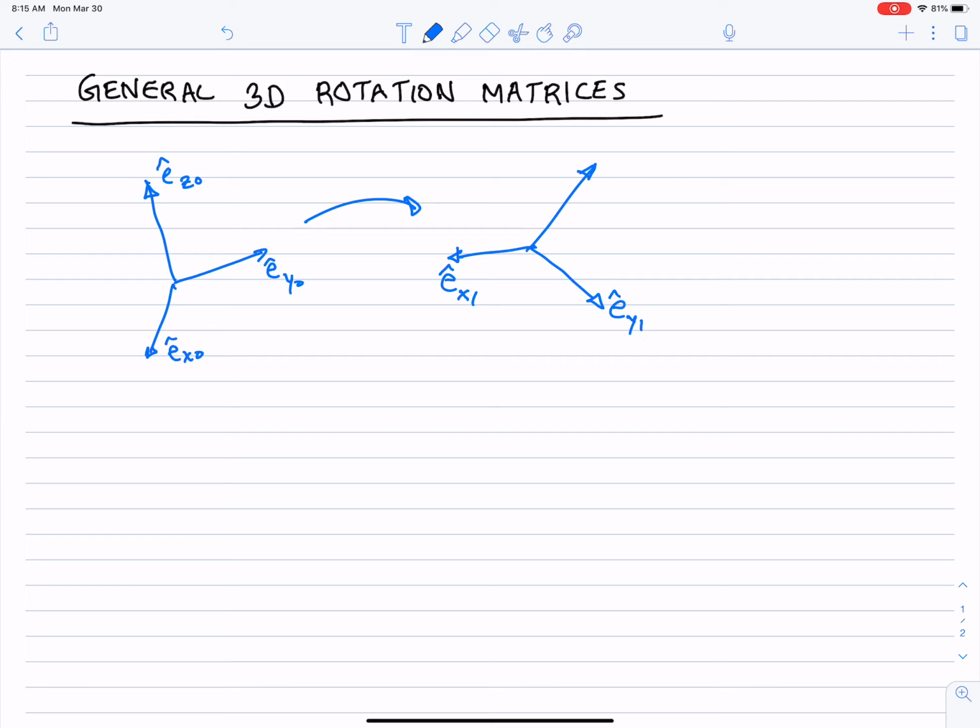In other words, it's not a pure rotation about one of the three axes. So this is reference frame 0, and let's call this frame 1.